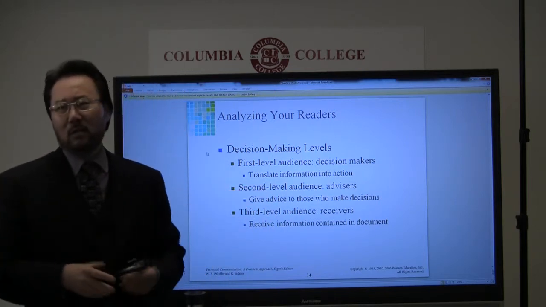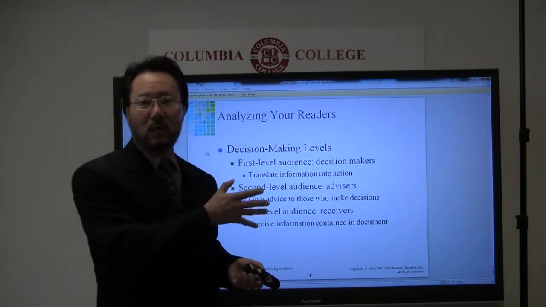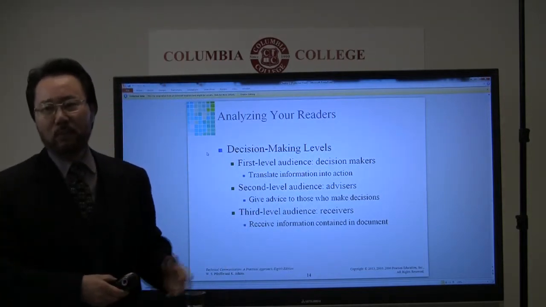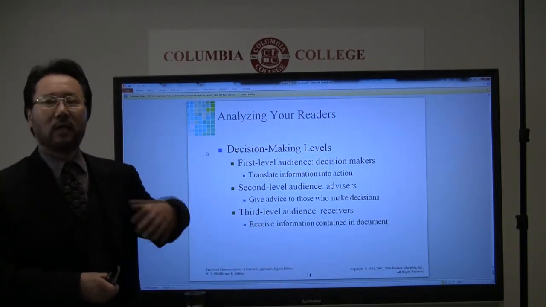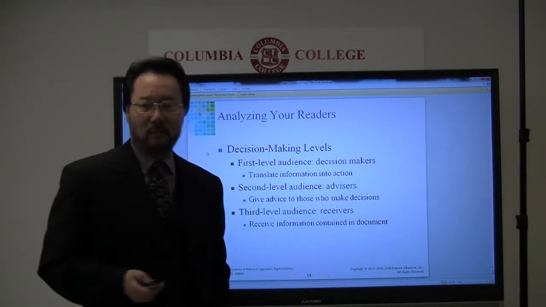Second level are advisors. They will give advice to the decision maker. Third level will be receivers. These people just receive the information contained in the documents. They will just share the information together.